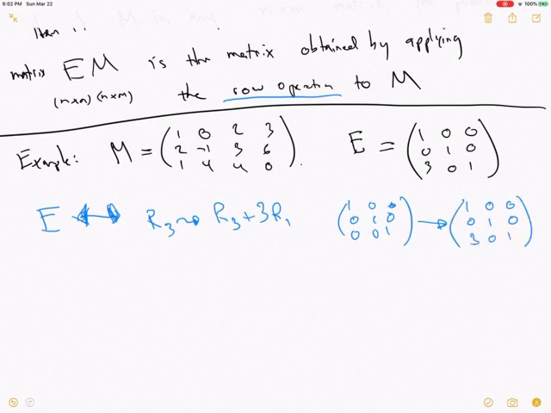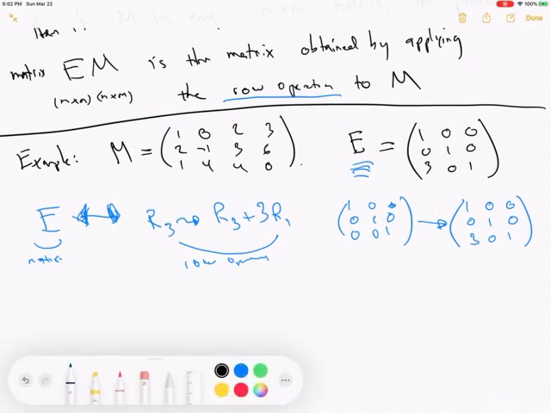Okay, so the point is you want to start identifying elementary matrices with elementary row operations. So we identify this particular E with that row operation. Here we have an actual row operation, and here this is just a matrix, but we can reproduce the same row operation by doing matrix multiplication.